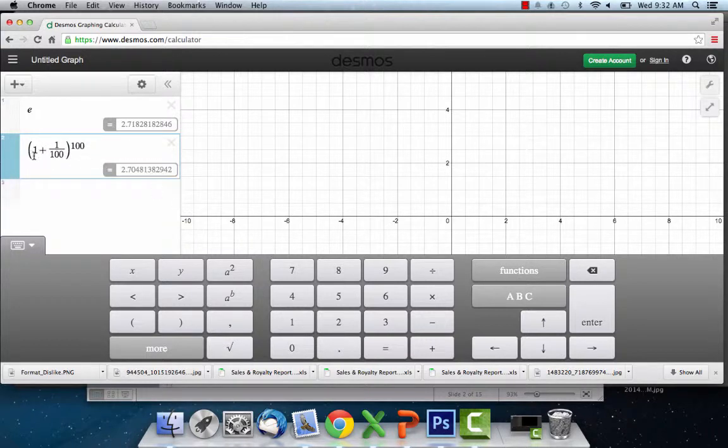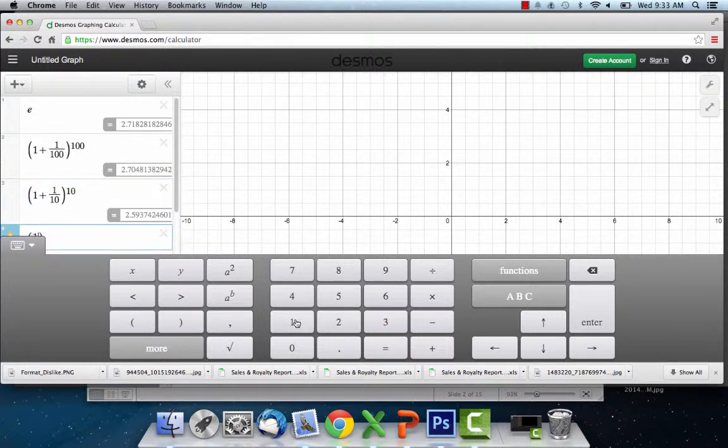Remember, this was the format, 1 plus 1 over a number to that number. So that's at 2.7 already. If we would have done something smaller, 1 plus 1 over 10 to the 10, we would have been at 2.59.